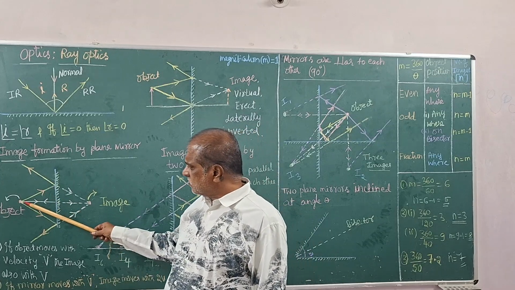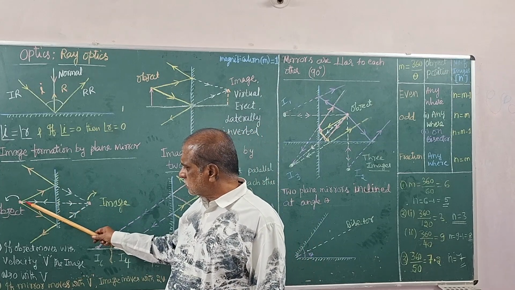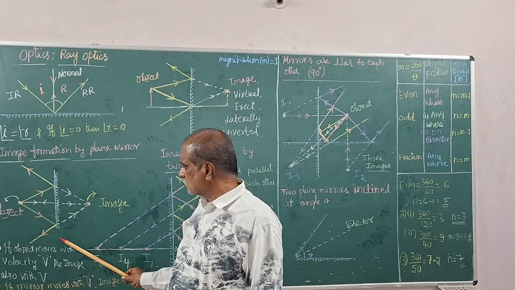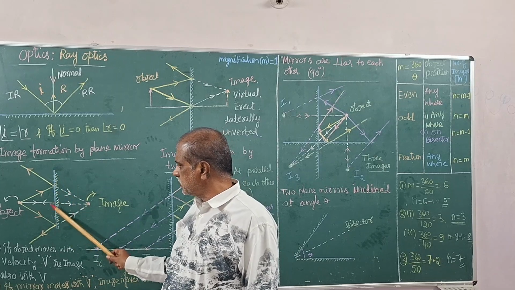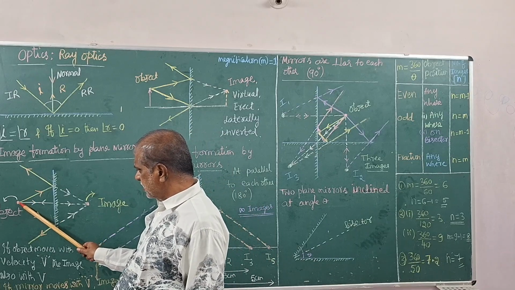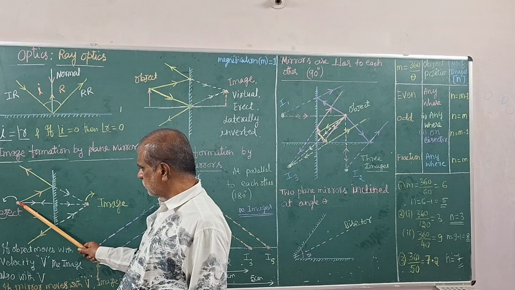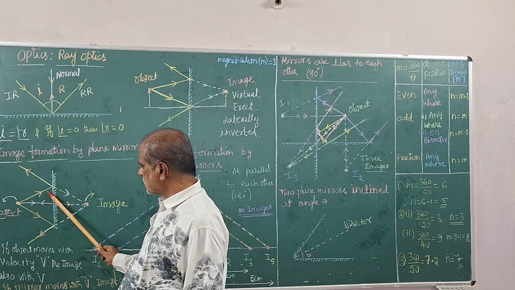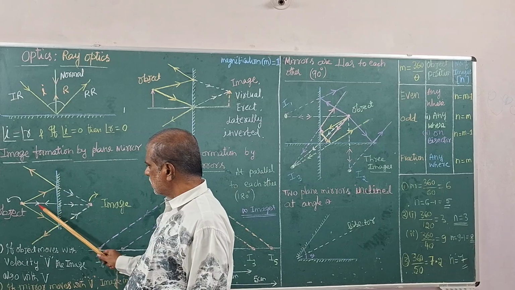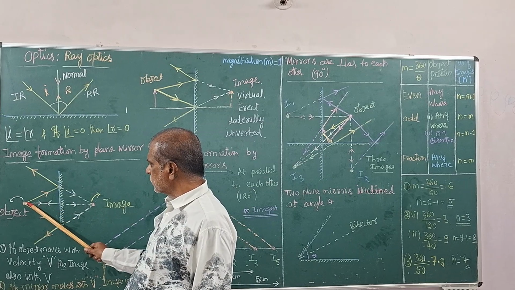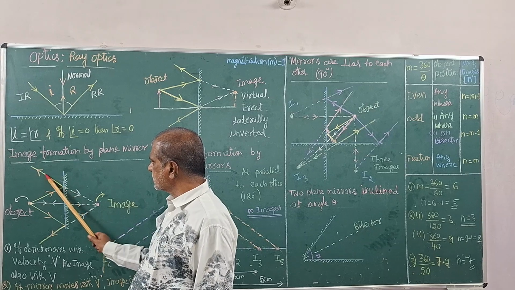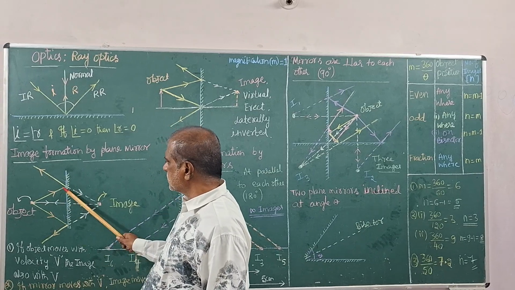The light rays passing in this direction towards the plane mirror, if you keep the plane mirror nearby, these reflected rays from the surface of the object are in all directions. If this is the ray reaching the plane, it is further reflected like this.